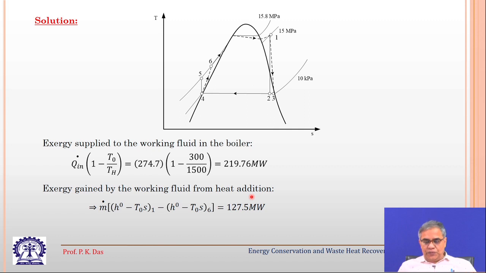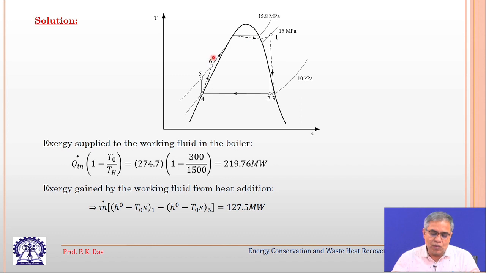Now, if we analyze from component to component, the boiler gets the energy supply in the form of thermal energy. Boiler means, in the cycle, the boiler process starts from 6 and it ends at 1.